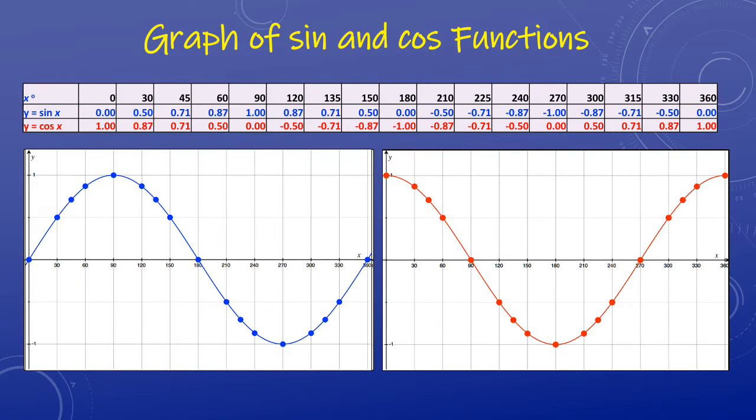We then connect the dots with curves. It is not clear that we can do this, and you may want to take a look at different values between the special angles to confirm that the points will lie on these curves. We see the same shape, and we call these curves waves.